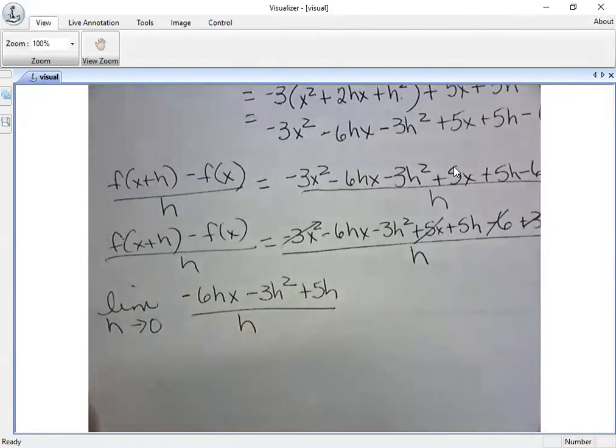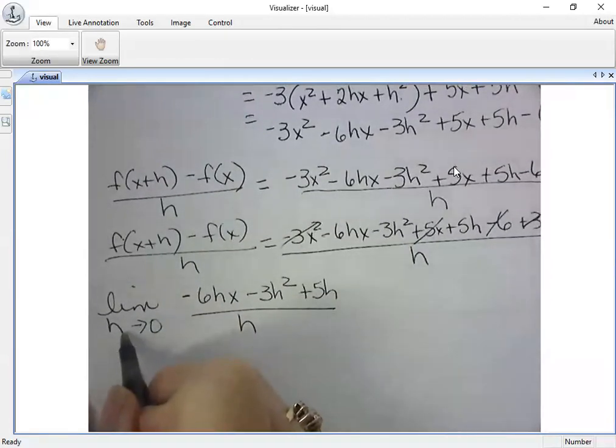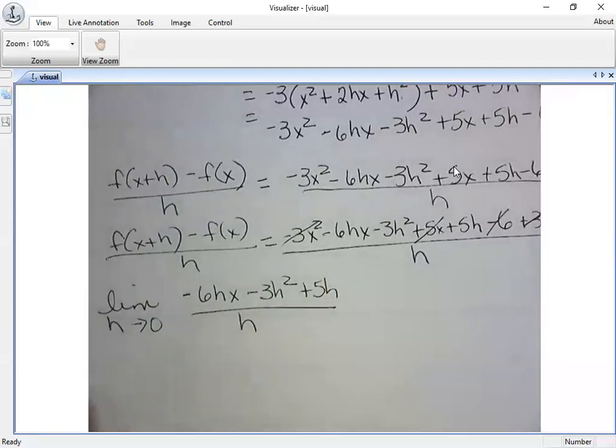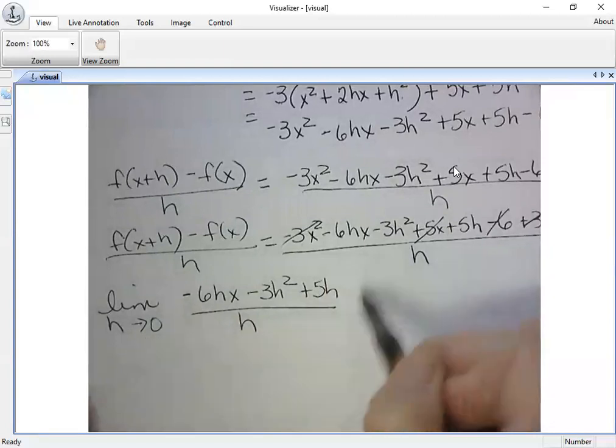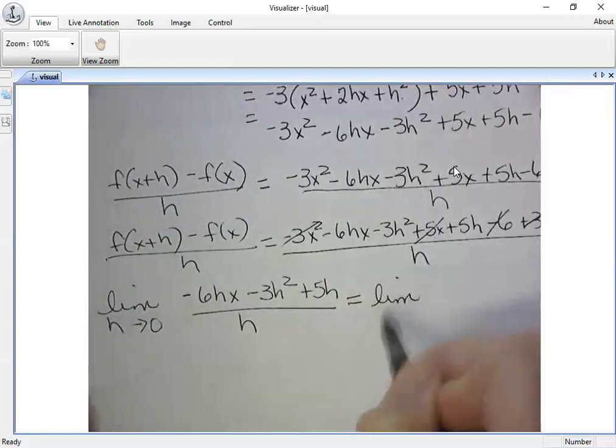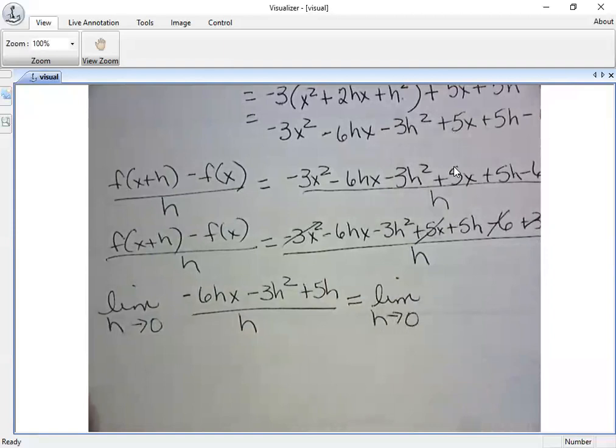So now notice this is where limit showed up, because we finally have something that will be our derivative function that we're trying to evaluate. I have not yet plugged in, so don't drop limit. That's going to be equal to the limit as h approaches 0 of, now if I factor h out in the numerator, tell me what would be left in parentheses.